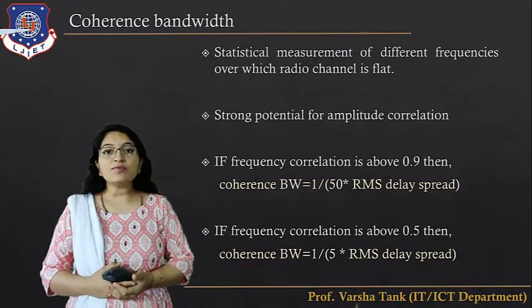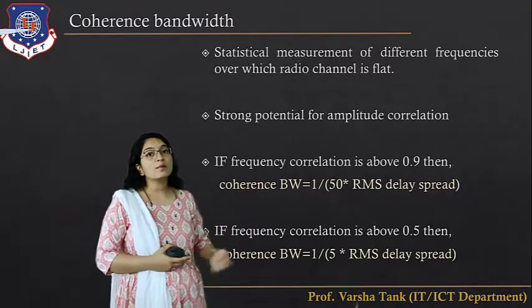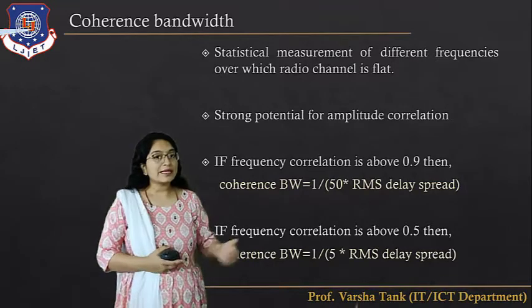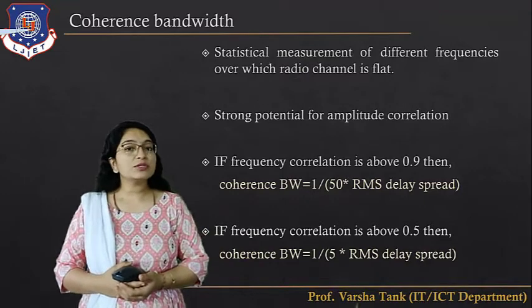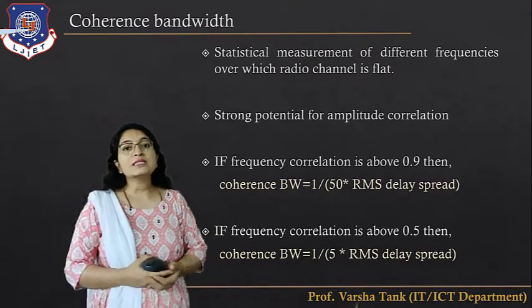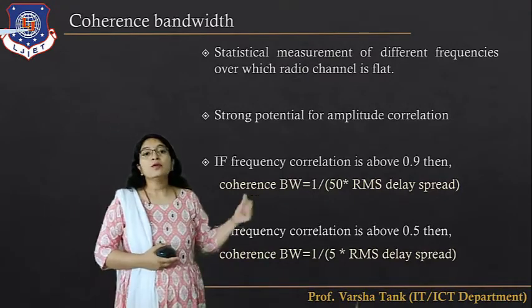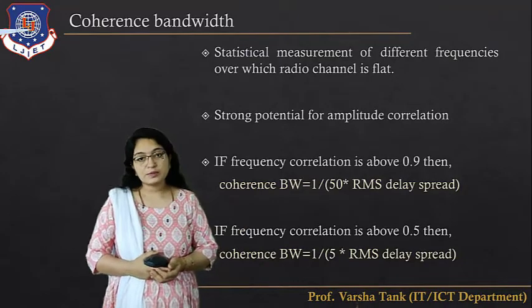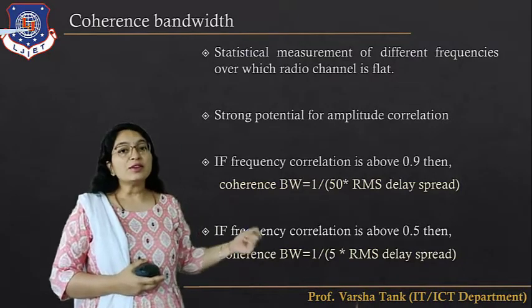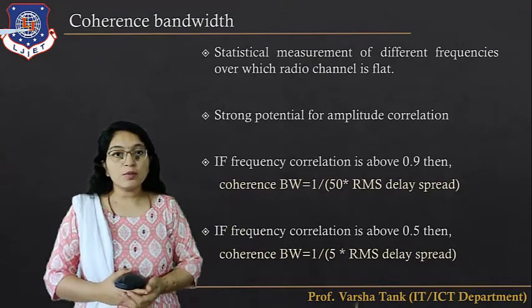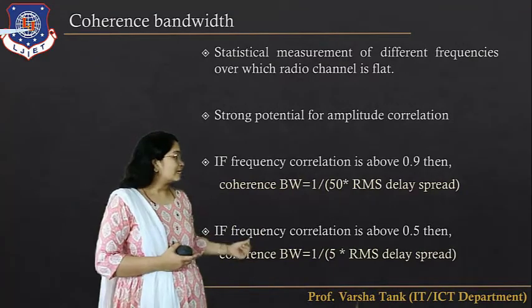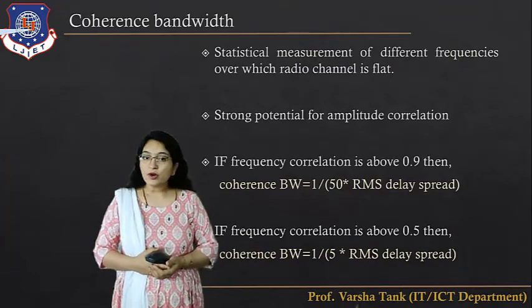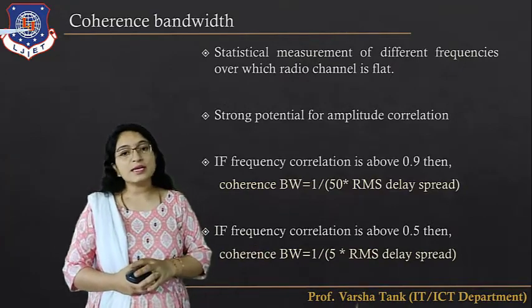If the frequency correlation is above 90%, that is 0.9, then the coherence bandwidth can be found using the formula: bandwidth equals 1 upon 50 times the RMS delay spread. If the frequency correlation is above 50%, then the coherence bandwidth is defined using the formula 1 upon 5 times the RMS delay spread.